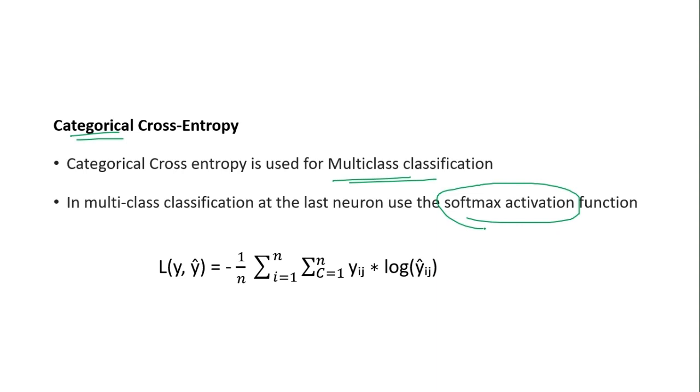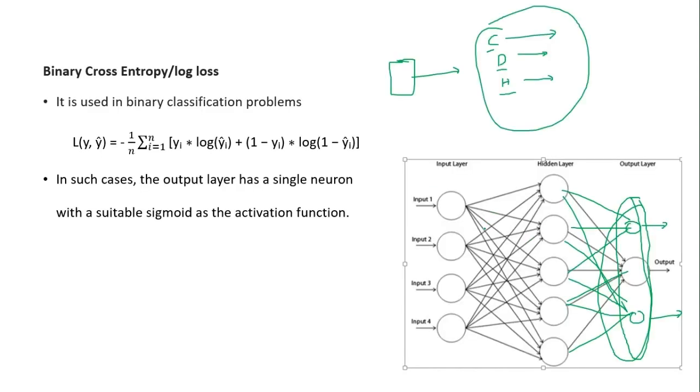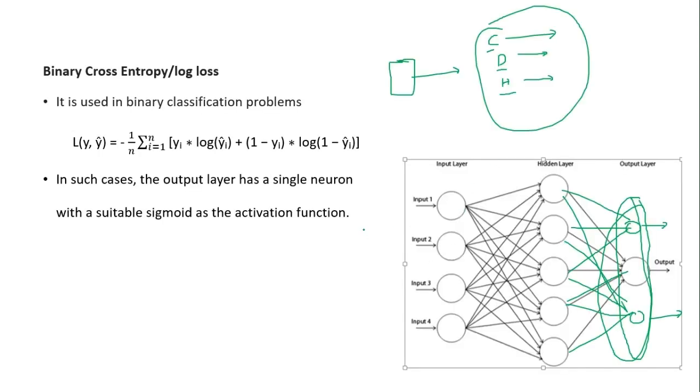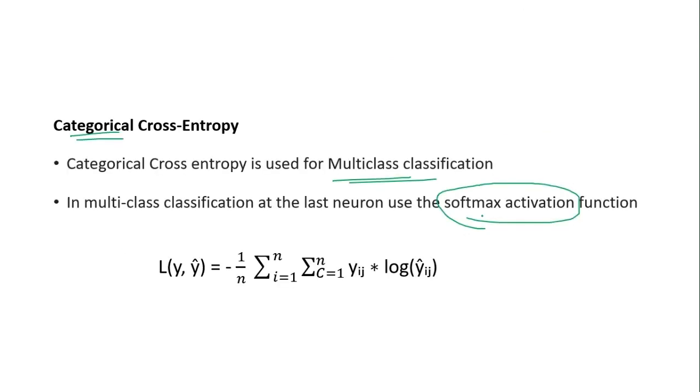That also we have discussed. We have different activation functions, and each activation function has its own applications. The activation function used for binary classification is sigmoid. The activation function used for categorical or multi-class classification is softmax. Simple.